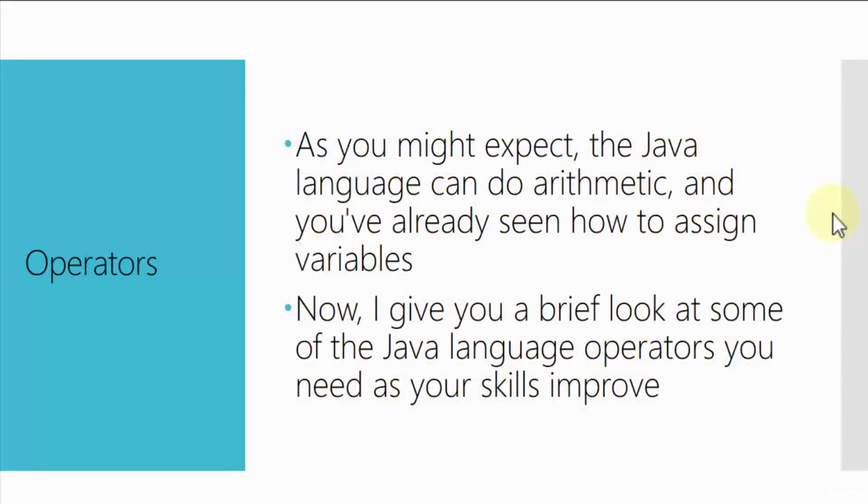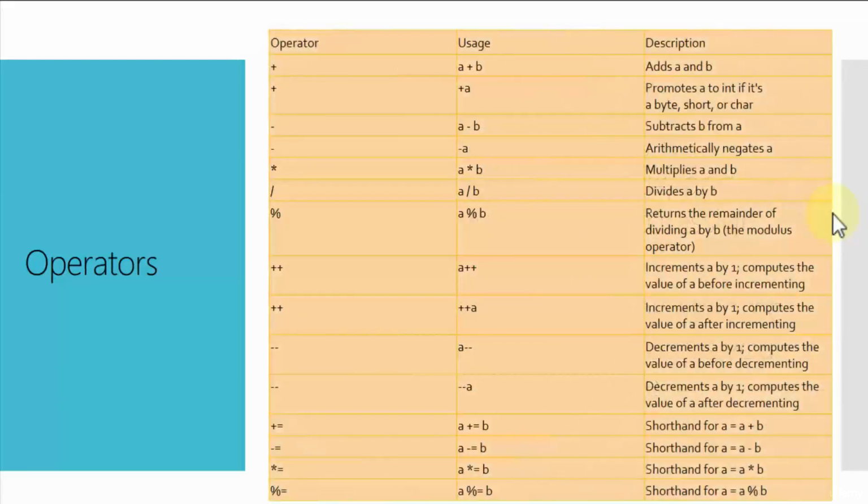So operators: as you might expect, the Java language can do arithmetic. We've done that, and you've already seen how to assign variables. Let me give you a brief look at some of the Java language operators that you may need and find helpful in improving your skills. If you use the plus sign, it would simply add two things together.